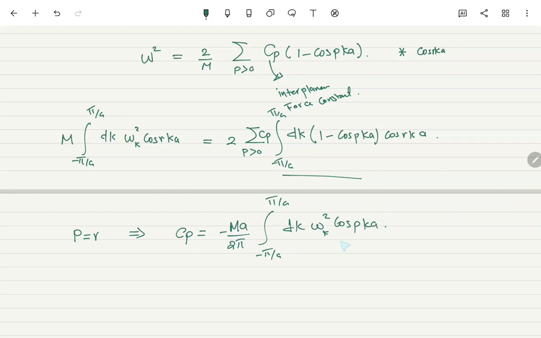And this one right here gives the force constant at the range pa for a structure with monoatomic bases. So this one here is the force constant for monoatomic bases.